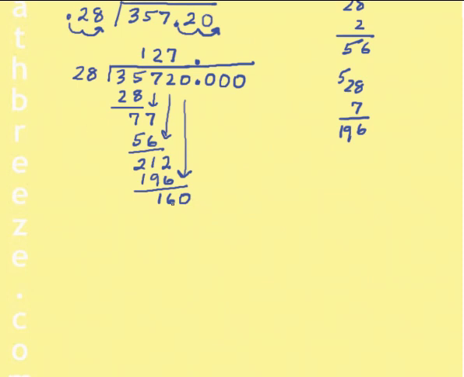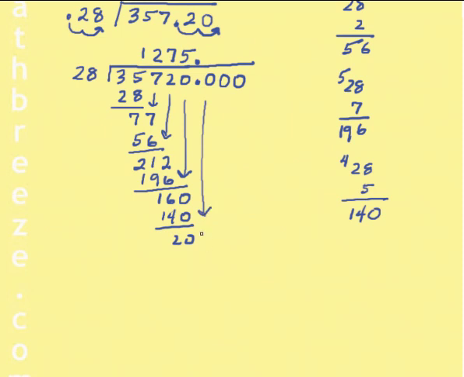28 into 160. Let's try 5 times. Okay, here we multiply. 5 times 2 is 10, so we have 140. Let's put that in. Subtract, we have 20. Let's bring down a 0.